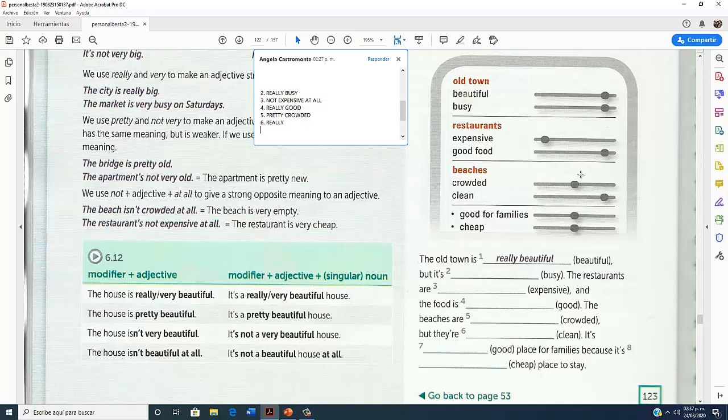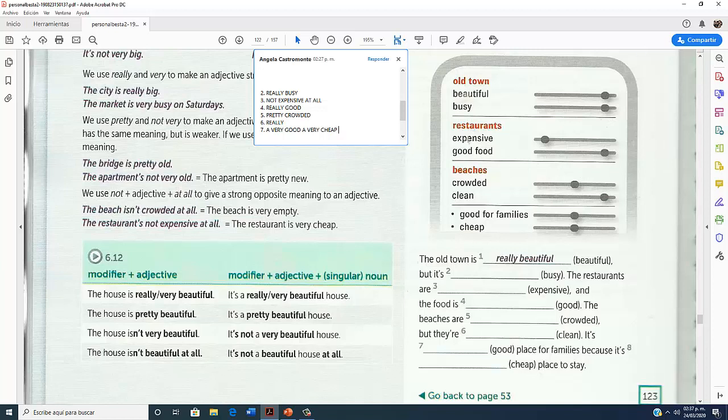Is it number 7? Yes. It's a very good place for families because it's a very cheap place to stay. Okay?